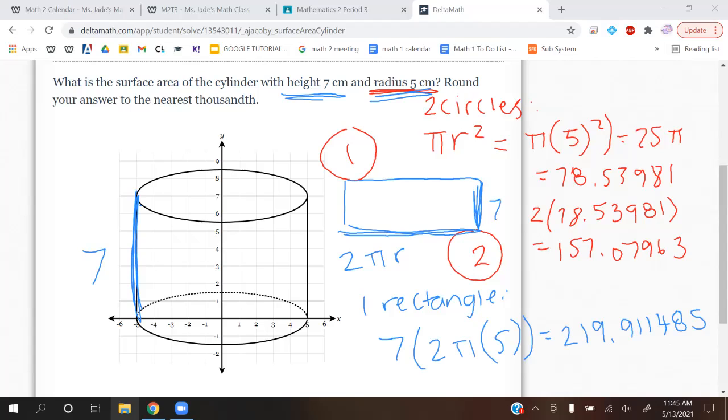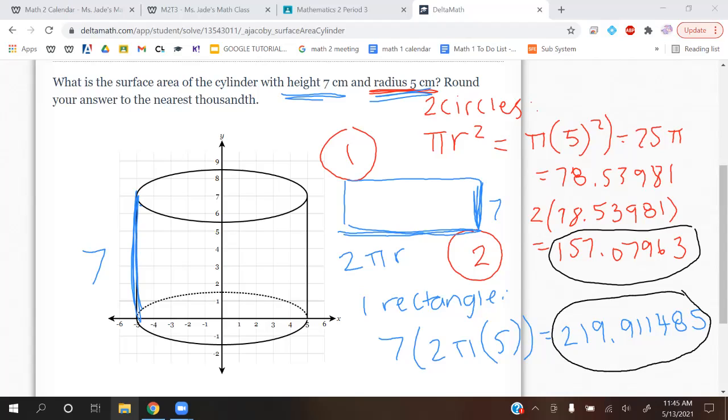Okay. So finally, we have our 2 circles and we have our 1 rectangle. Let's add it all together so that we get a total. So I'm just going to write it out over here. 157.07963 plus 219.911485. Just going to add it together.